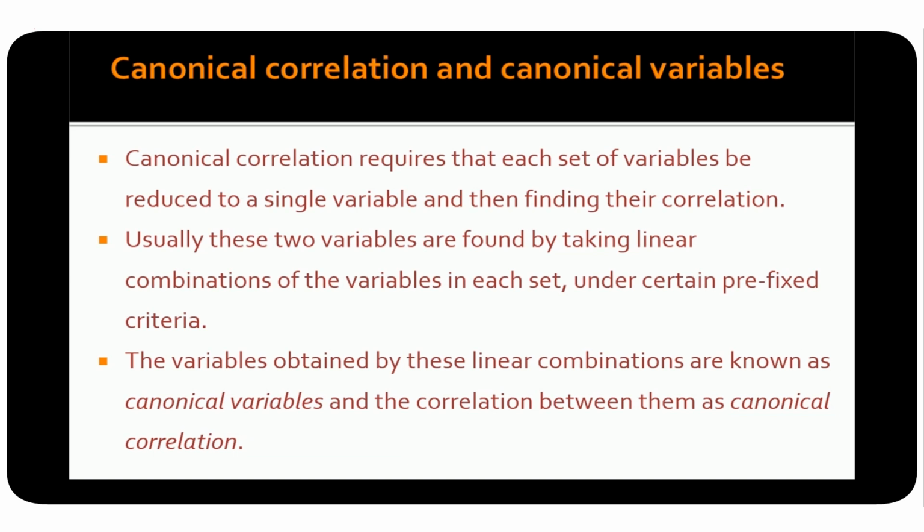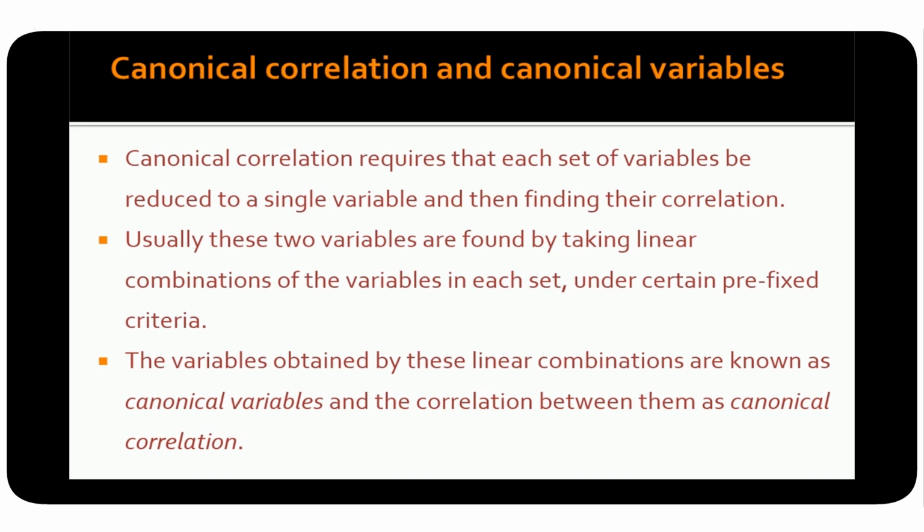The combinations that we take lead to what are referred to as canonical variables. One canonical variable for the first set, another canonical variable for the second set, which are primarily the linear combinations of the original variables. And now we find the correlation between these two canonical variables, and we call this the canonical correlation.